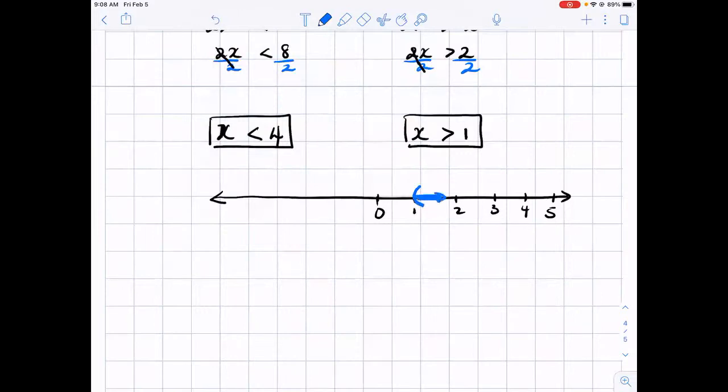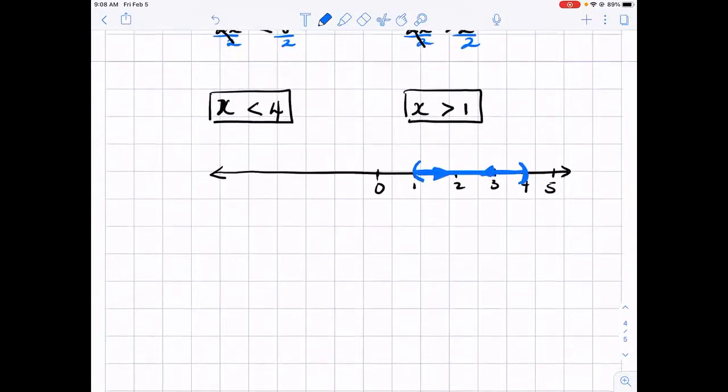And then at 4, x is less than 4, so parenthesis again, and I go towards my left. As you see, the arrows are pointing in the opposite direction. This one is pointing to the right, this one is pointing to the left, and we said we can join them up together. So your solution set is any number between 1 and 4. So this is the inequality. This is your interval notation. This is your graphical.